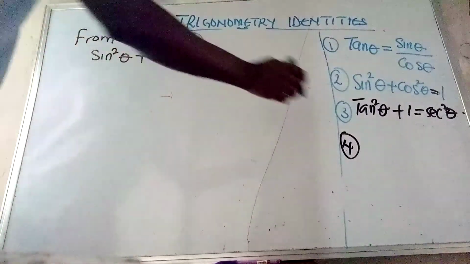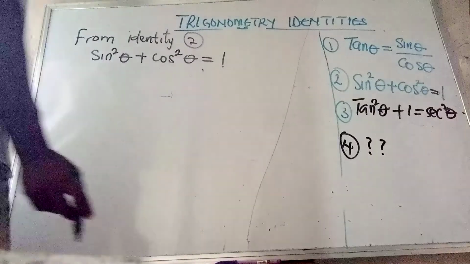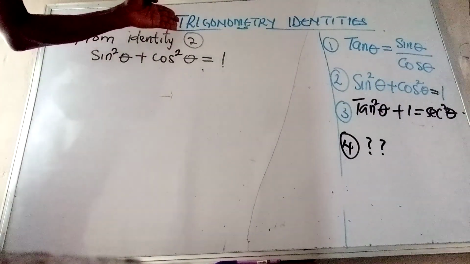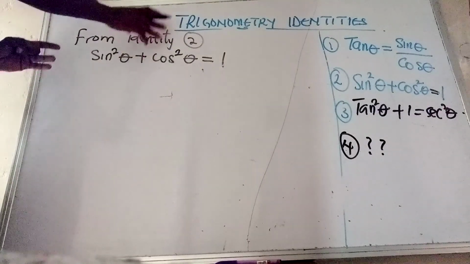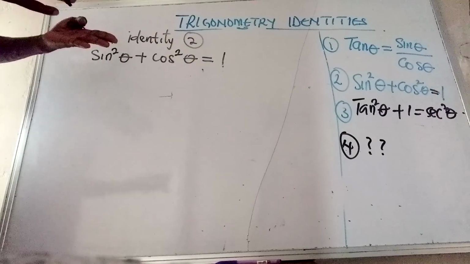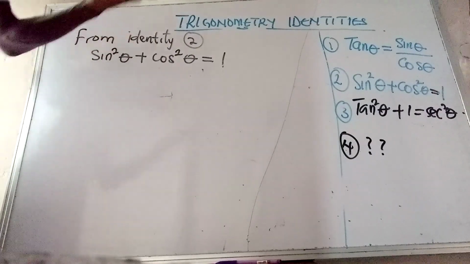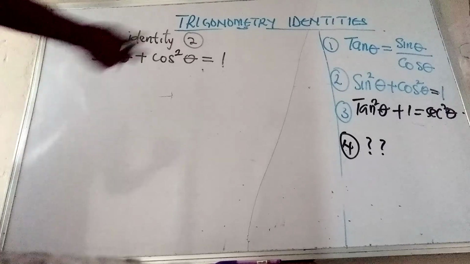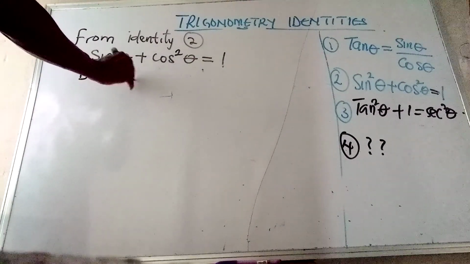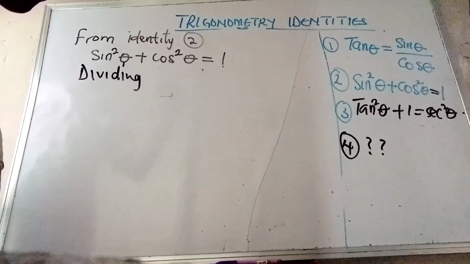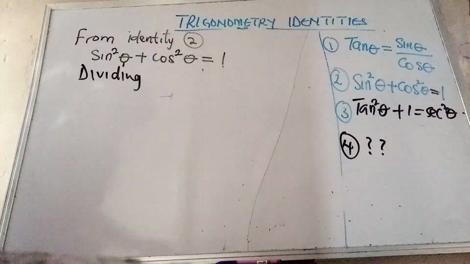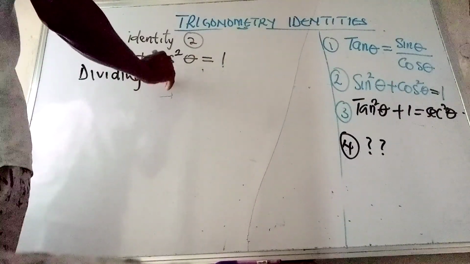Now, I want to prove the fourth identity coming from the second identity. You can see that the second identity is like a base to generate other identities. Okay, this time around, instead of dividing through by cosine square theta as I did the other time to get this one, let me divide through by sine square theta.